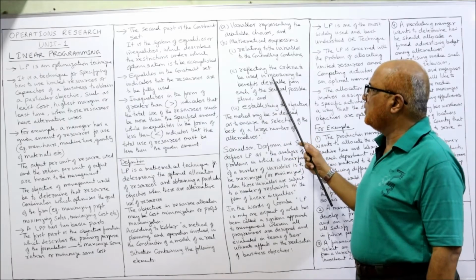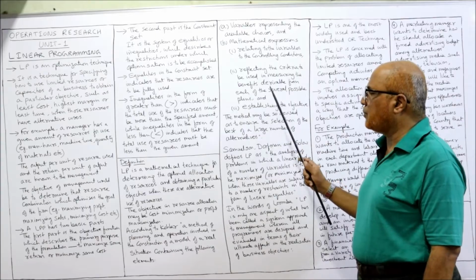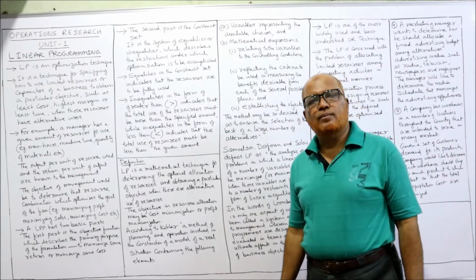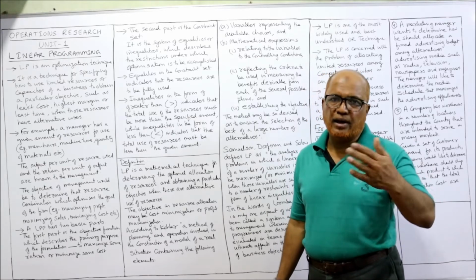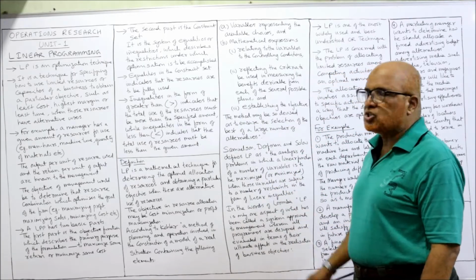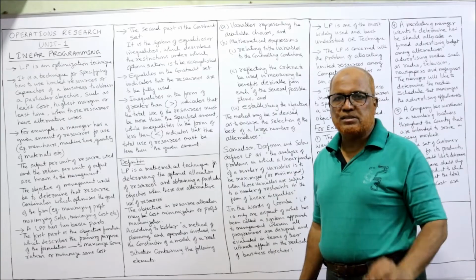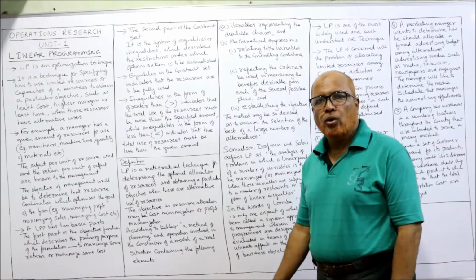Reflecting the criteria to be used in measuring the benefits derivable from each of the possible plans. That means how the resources will be utilized, whether we have greater than type, less than type or equal to type. Then establishing the objective. Finally, the objective should be either to maximize or to minimize. This is the definition given by Kohler.